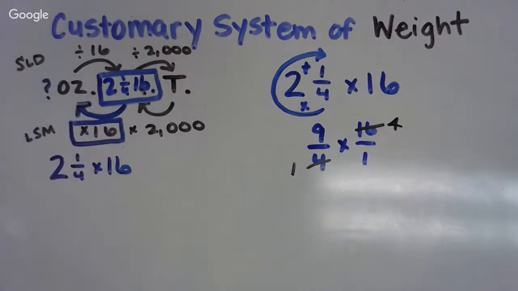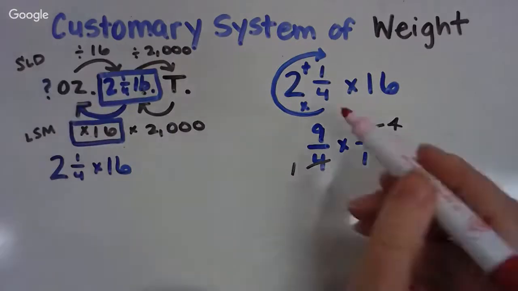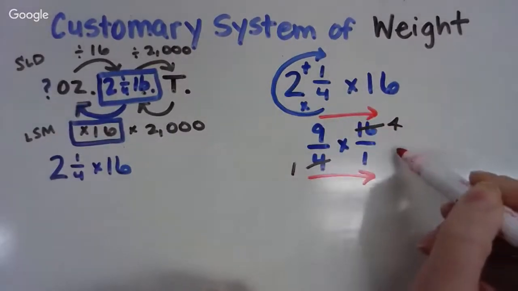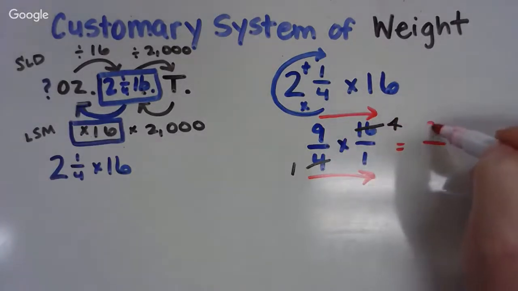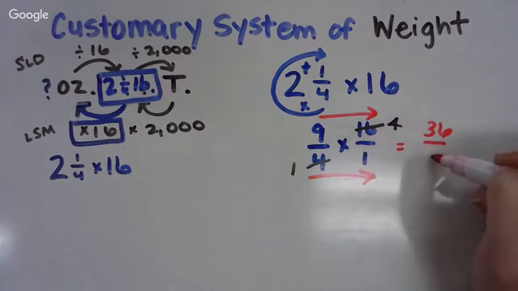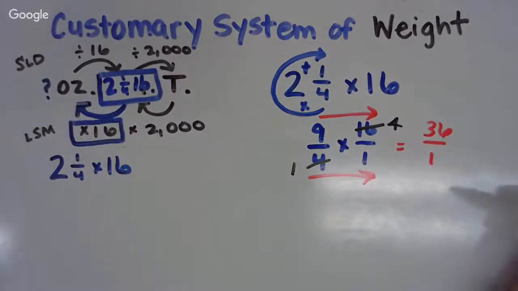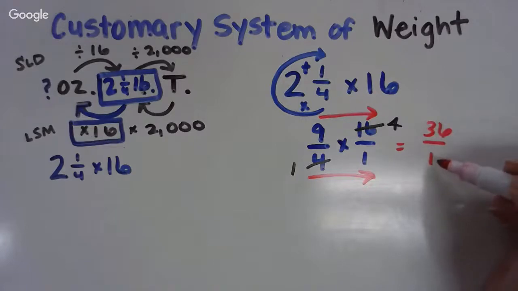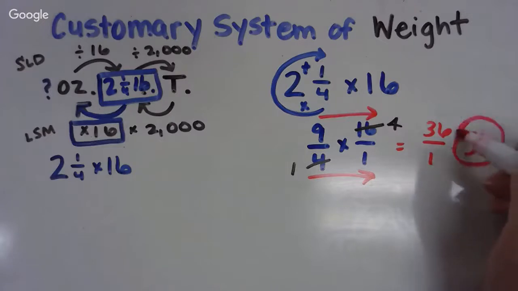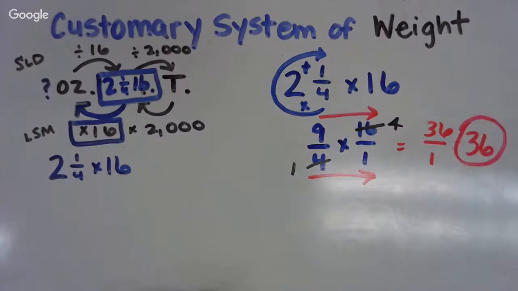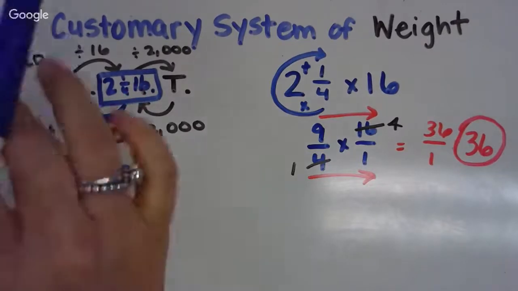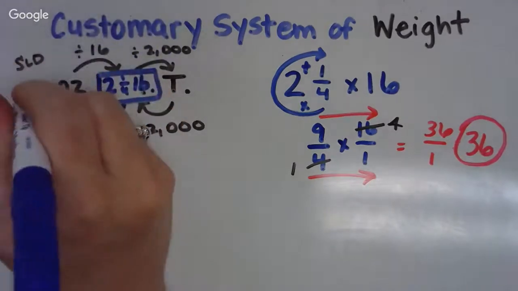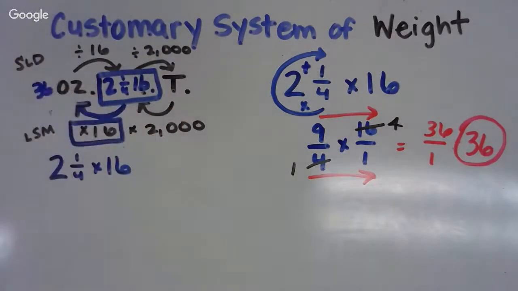Now, I will multiply my numerators, multiply my denominators to arrive at my product. 9 times 4, of course, is 36. 1 times 1 is 1. So I know that my answer is 36 wholes, but I can simplify this so that I express it as 36 as a whole number. With that, I have answered my conversion that 2 1/4 pounds is equal to 36 ounces. I have now created my conversion.